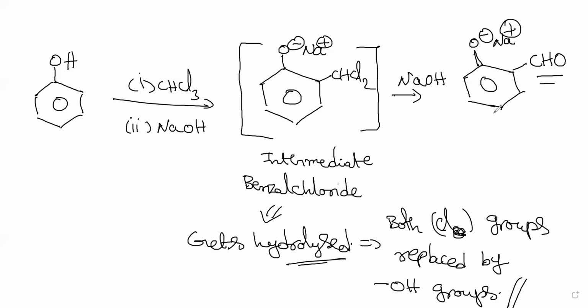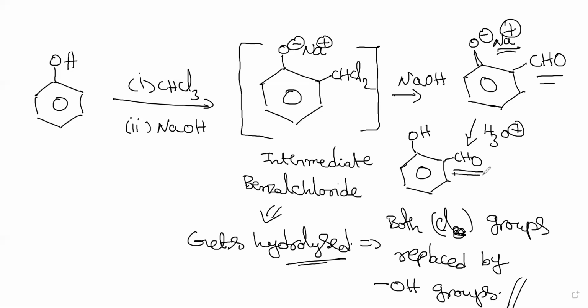Then this one will be treated with the acid wash. Acid wash is to remove the sodium plus. So you get the final product, salicylaldehyde, that's 2-hydroxybenzaldehyde. So this is the product you get. How is this converted to this? We'll see that now.